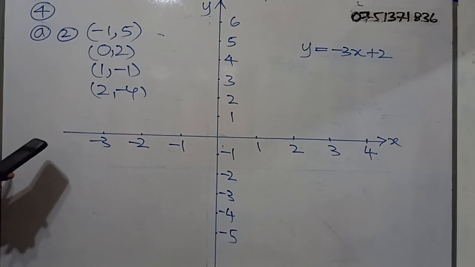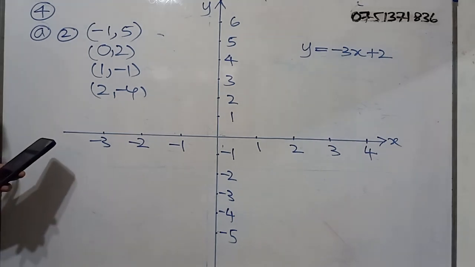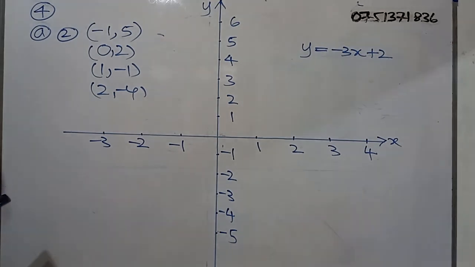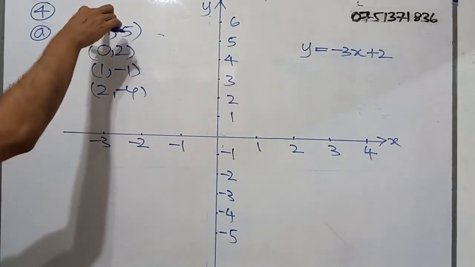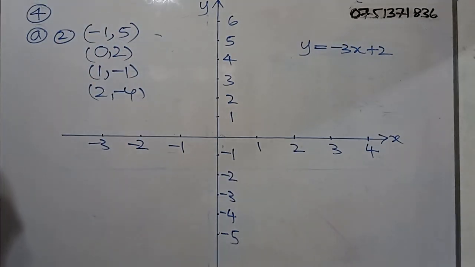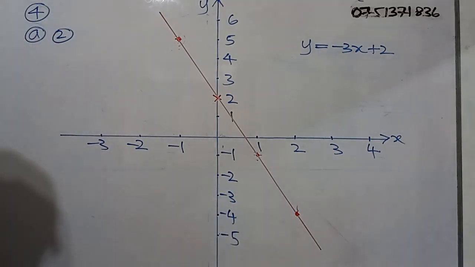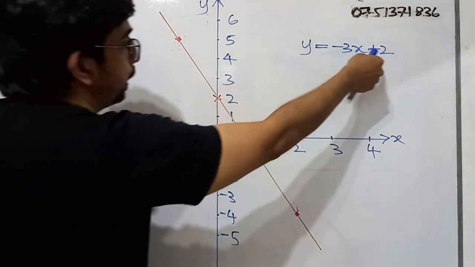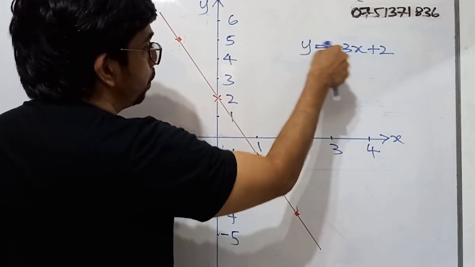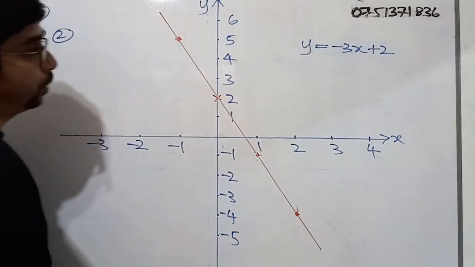Part 2. Draw the graph of the above function on a suitable coordinate plane. These are the coordinate pairs that we have to plot on the graph. I have completed the graph, and you can see that we get a straight line. The equation of the line is y equals negative 3x plus 2.